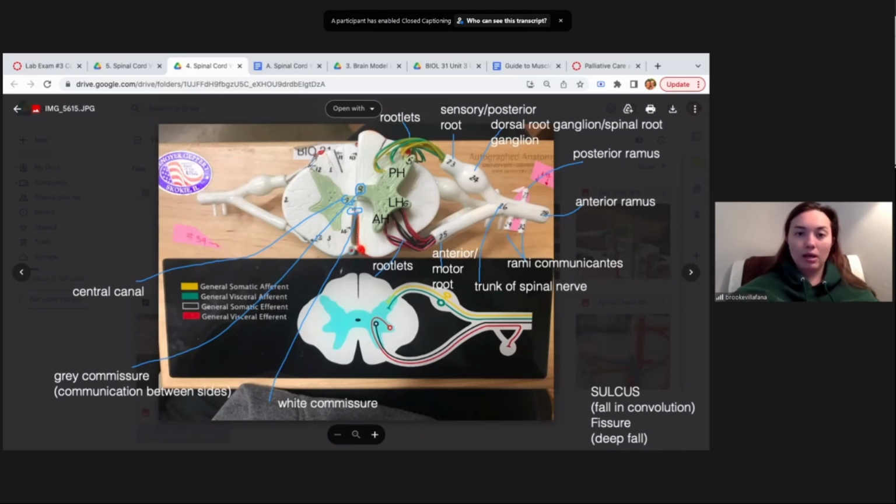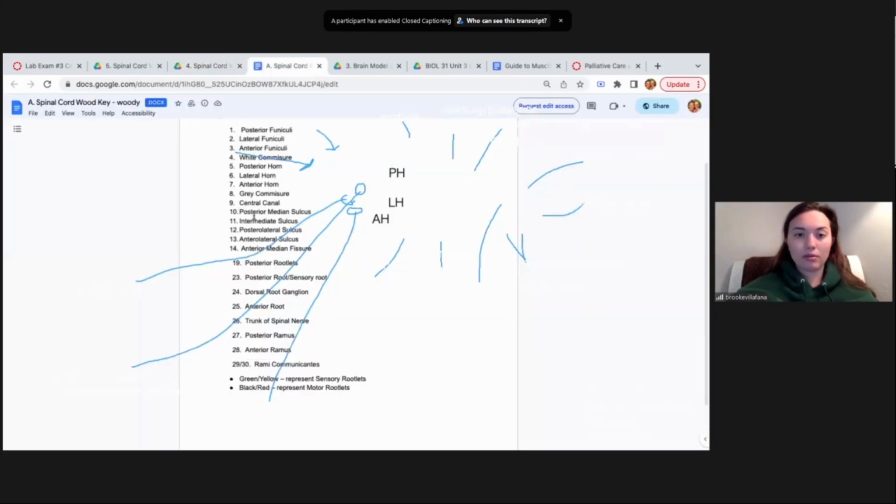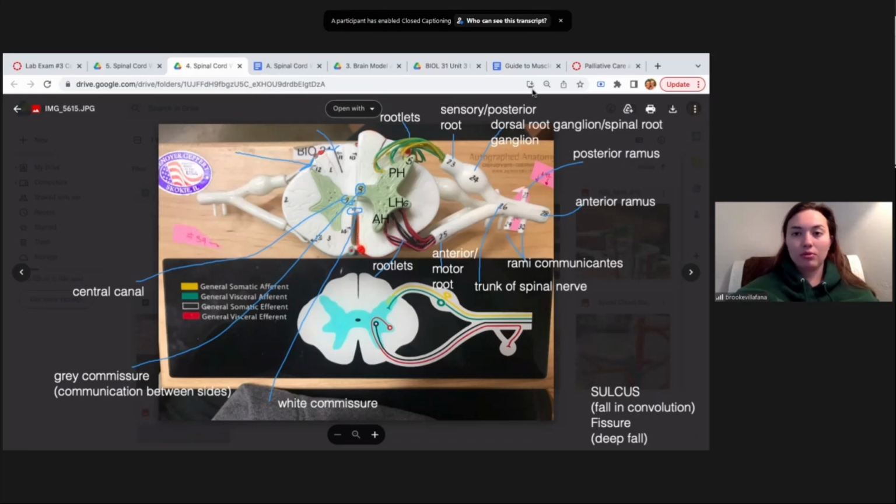So this right here is a little sulcus over here. 12, 11 are both sulcus. So this should be the posteromedian and posterolateral, just based off their location. So intermediate and posterolateral. I'm just going to label those first because it makes more sense to say it that way. This is intermediate sulcus.